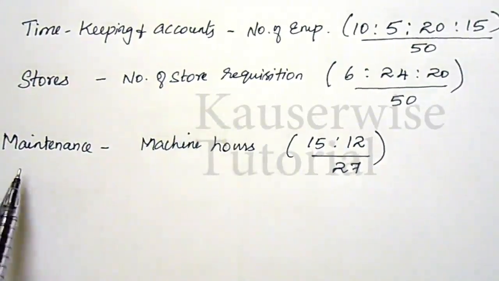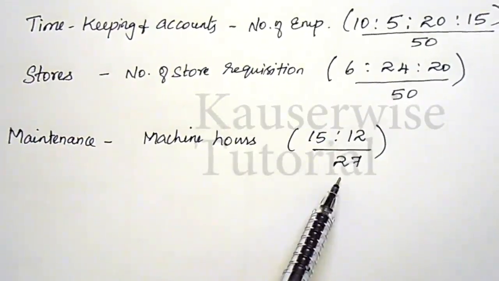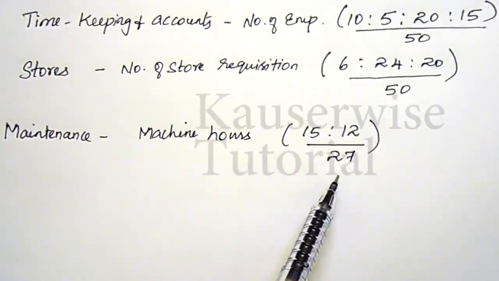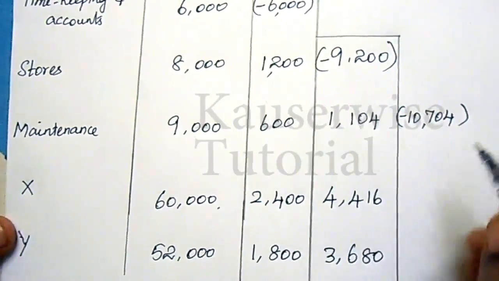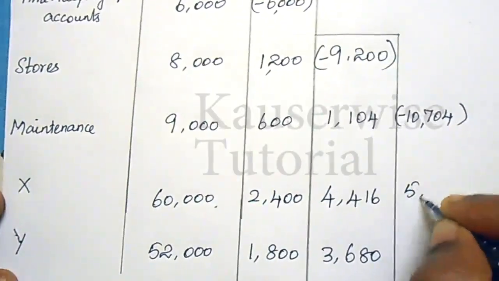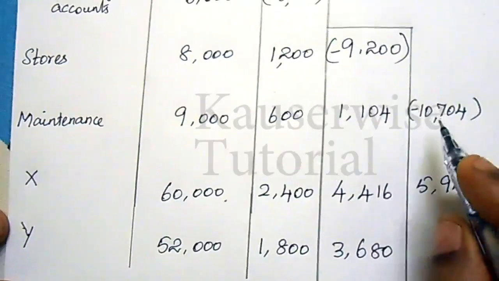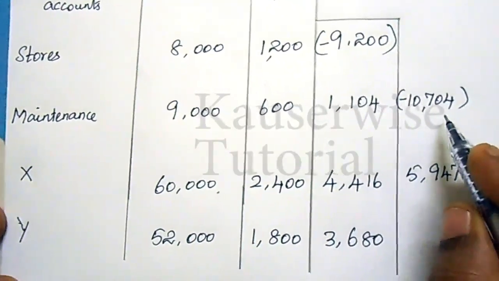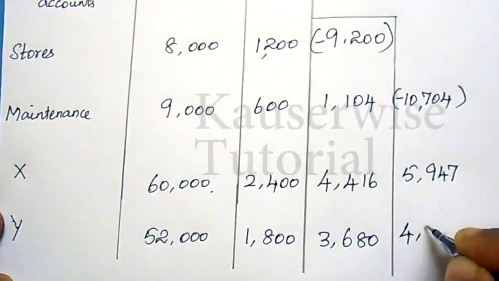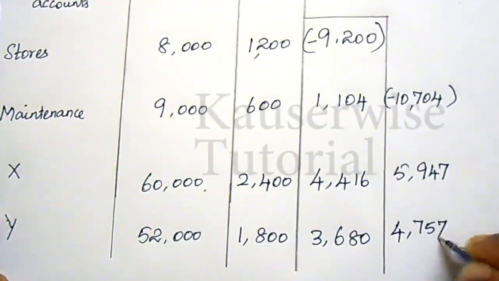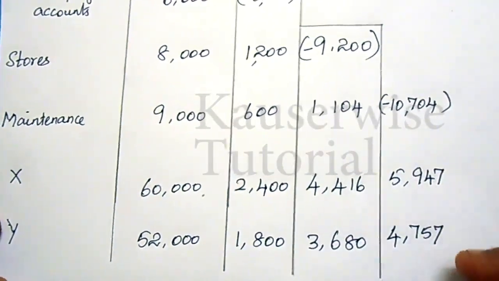The basis of apportionment for maintenance is 15 is to 12, that is 15 divided by 27 and 12 divided by 27. 10,704 into 15 divided by 27 is 5,947. And the last one, 10,704 into 12 divided by 27, is 4,757. So the entire amount is exhausted and redistributed to X and Y.